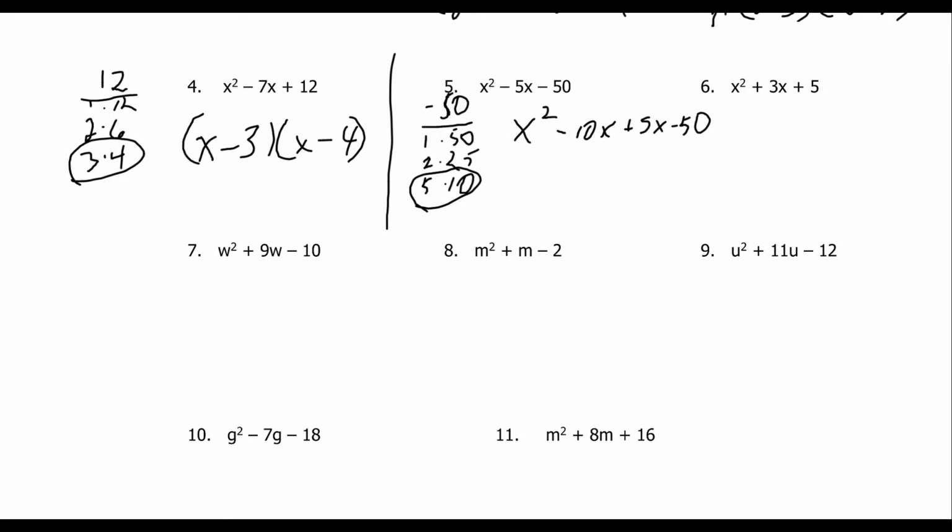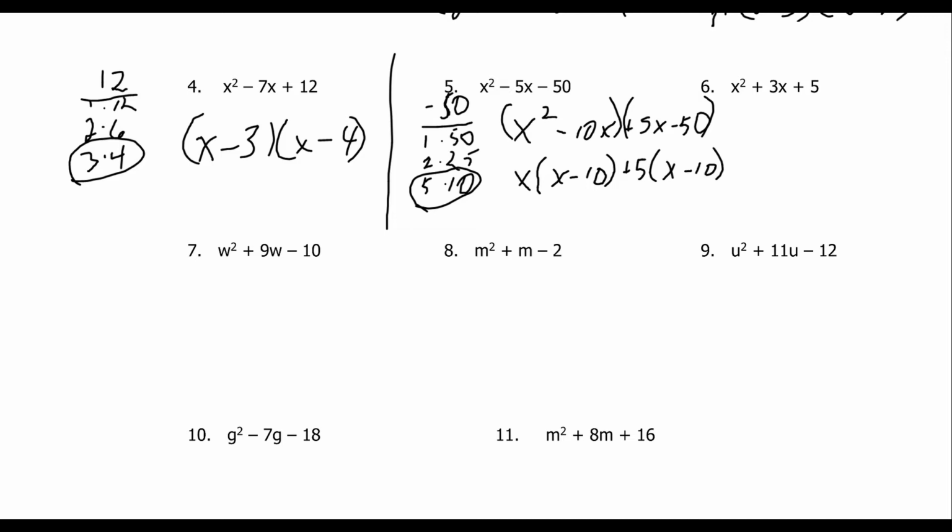When I combine that negative 10x and that positive 5x, that's going to give me negative 5x, right? So I can go ahead and break this apart into two pieces, and I can go x on the outside of x minus 10, and then I can take a 5 out of the second piece, and I can go plus 5 and x minus 10.